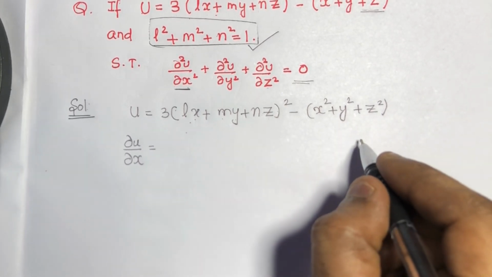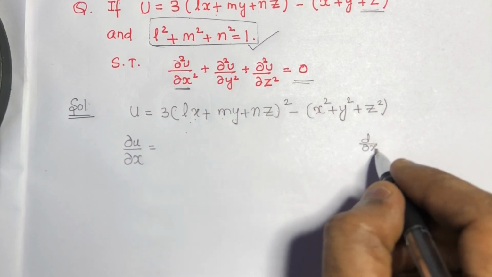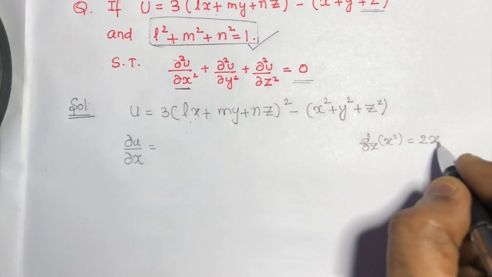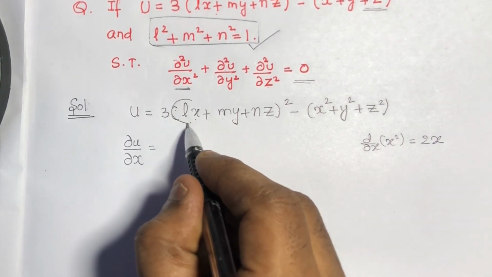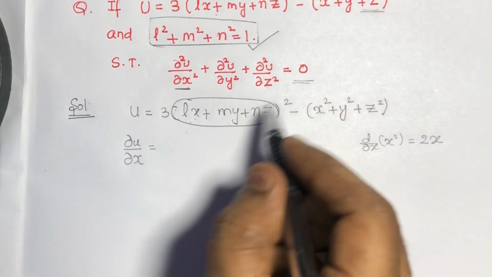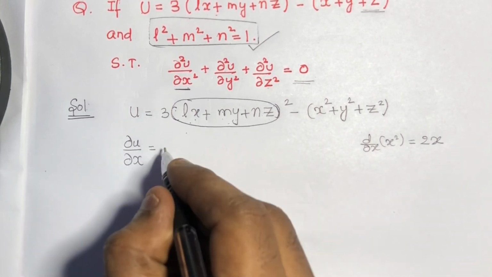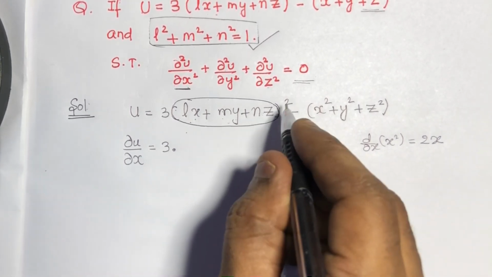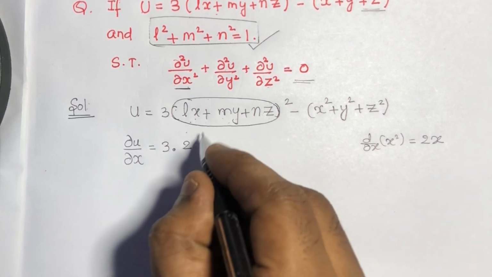So what is dou by dou x of x square? Dou by dou x of x square is 2x. So if I treat this total function as x, I can write it as 2x. Already 3 is here, so it can be written as 3 into 2 into, what is x?